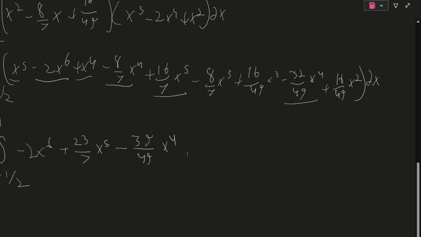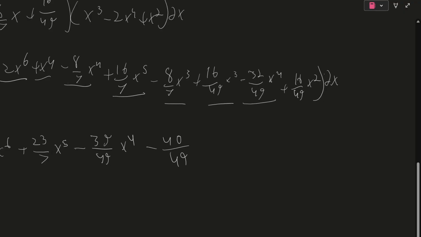Alrighty, and then we have our x cubed term. So we have a negative 8/7 x cubed. We have a plus 16 over 49 x cubed. So that is going to be negative 56 over 49 plus 16, which is negative 40 over 49 x cubed.